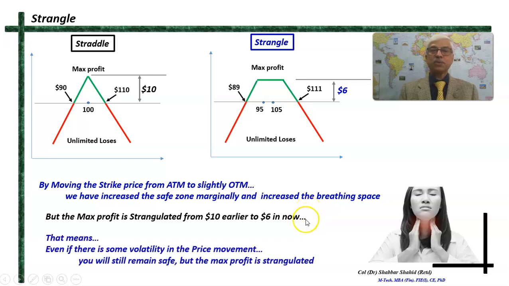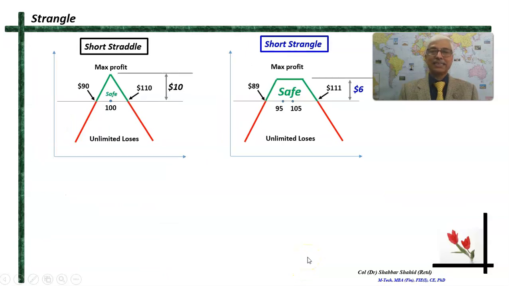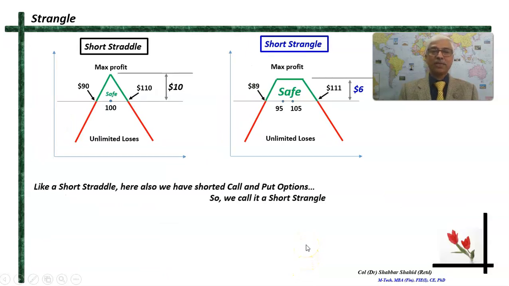That means that even if there is some volatility in the price movement, even if the price goes a little left or right, you will still remain safe. But your profit gets strangulated. Now, like a short straddle, here also you have shorted a call and a put option.